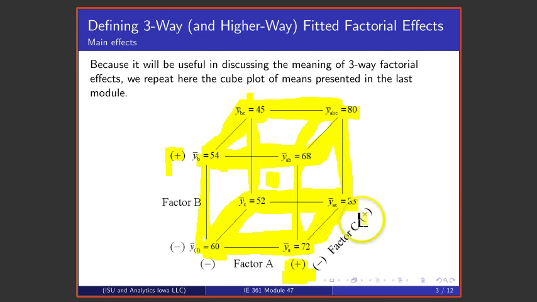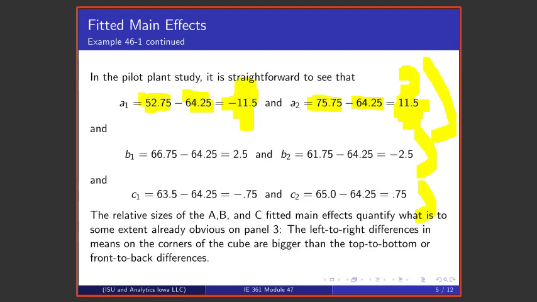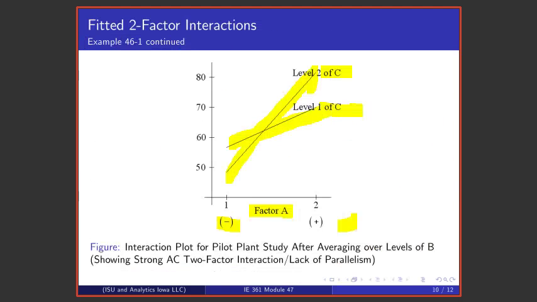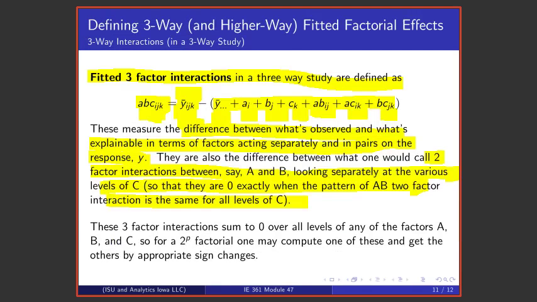If I got the same interactions on the bottom, AC interactions, as I got on the top for AC interactions, then that would mean that there is a three-factor interaction involving factor B. So that's what I've said here in this part of the slide.